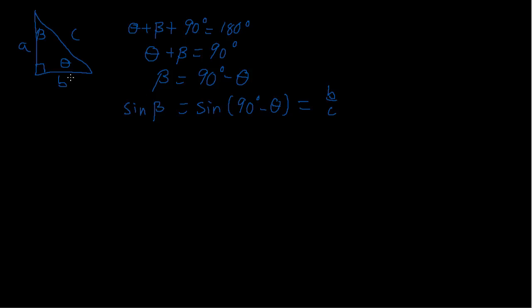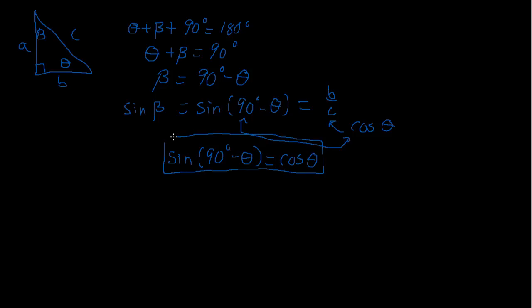But looking at b over c compared to theta, I also know that b over c is the same thing as the cosine of theta. Adjacent is b, hypotenuse is c. That tells me that I can connect these two statements with what's called an identity. The sine of 90 minus theta is the cosine of theta.